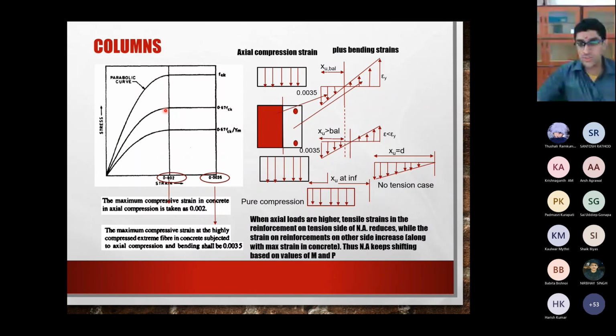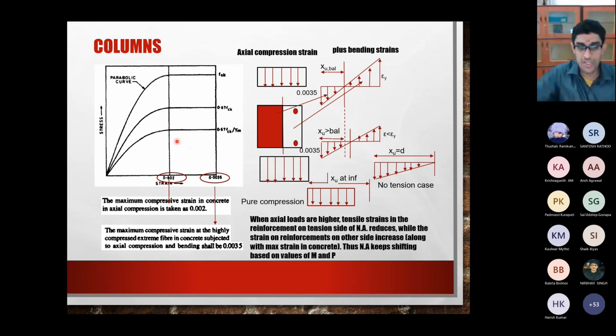Now we'll move to the behavior of columns. Typically we are looking at this stress strain curve of concrete, which we saw much earlier in this course. Corresponding to pure compression, we take the failure strain as 0.002, and corresponding to compressive failure strain in bending, we take it to be 0.0035.